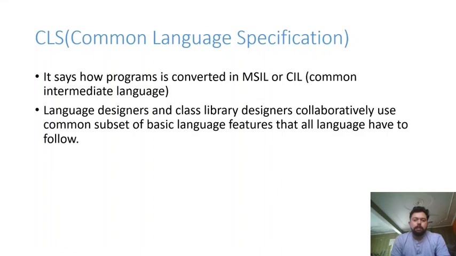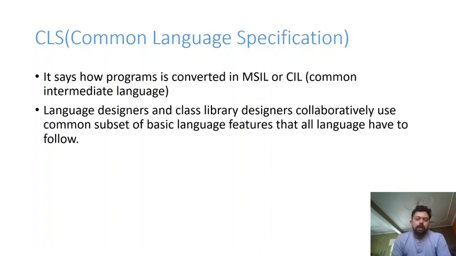The program written in any language is converted with the help of a language specific compiler to the intermediate language. So the common language specification says how these programs are converted into this intermediate language.